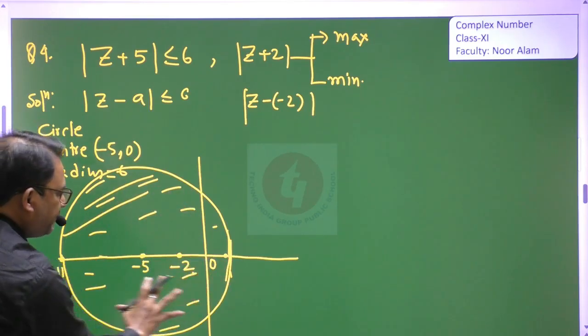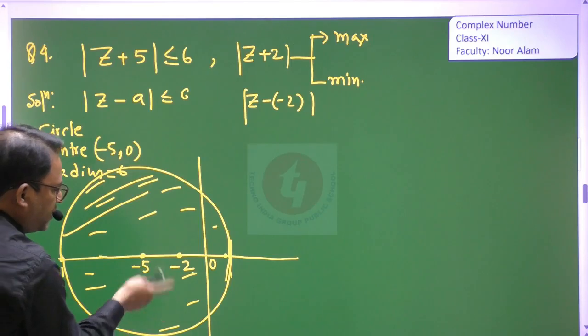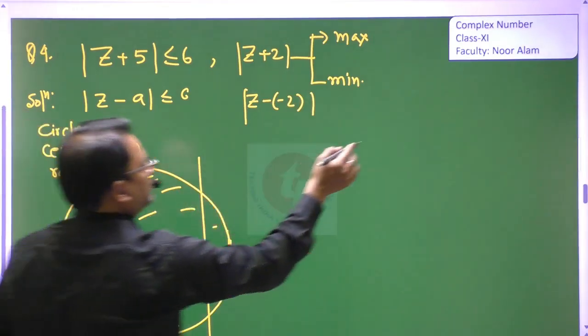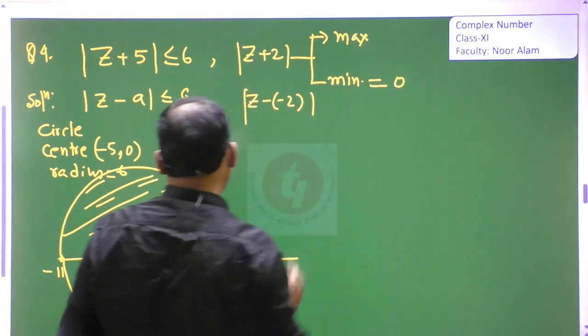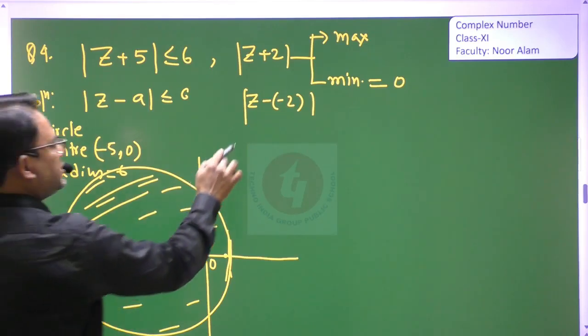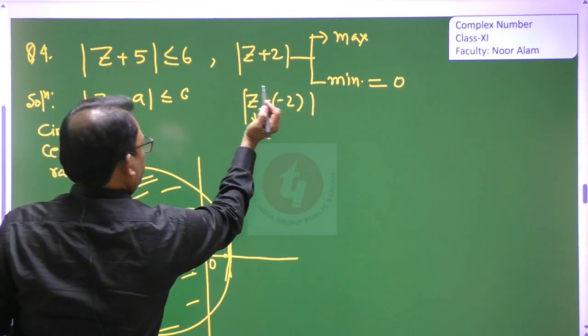Now, z is everywhere in this circle, inside the circle and also on the circumference. So if z is here, at the minus 2 point, then what will happen? The distance will be minimum. The minimum distance will be 0 when z is at the minus 2 position. So when z is minus 2, you get the minimum value.